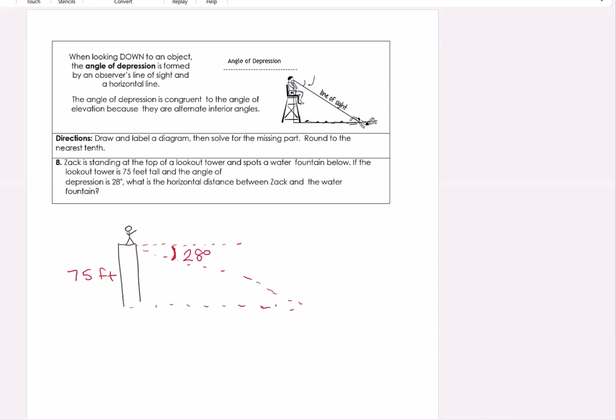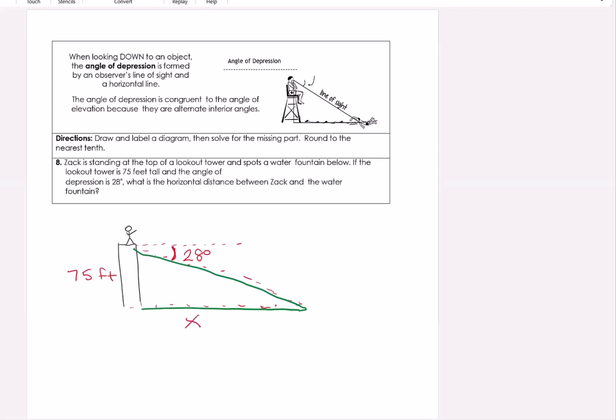This is going to be my triangle. What is the horizontal distance between Zach and the water fountain? We're trying to find horizontal distance.